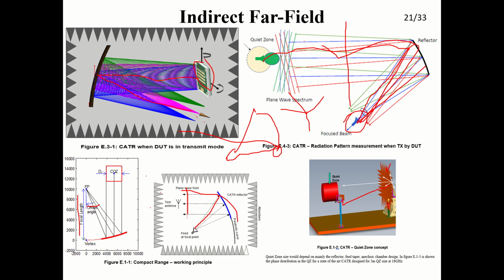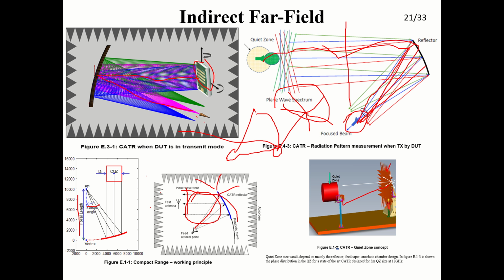Sometimes it will come inside the region also, and this will cause problems with the actual test environment. These different scatterings will disturb the test environment.